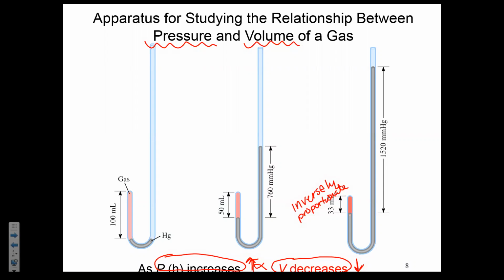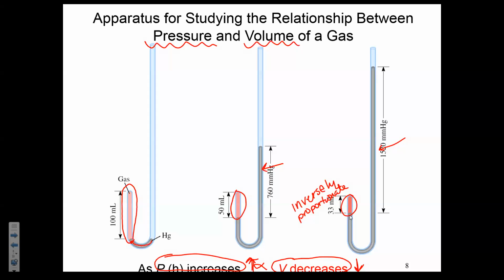Let's talk about that. If we are looking at this column right here, and we have gas right there, and we pour mercury into the system, and the mercury is sitting right here. The only difference between these three columns is the amount of mercury we poured in.